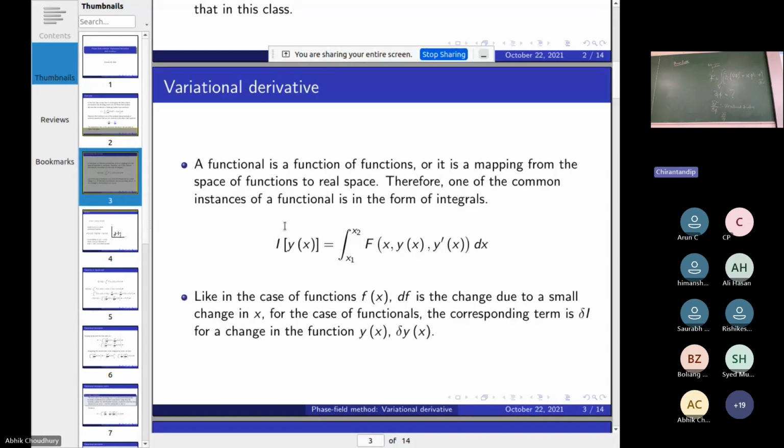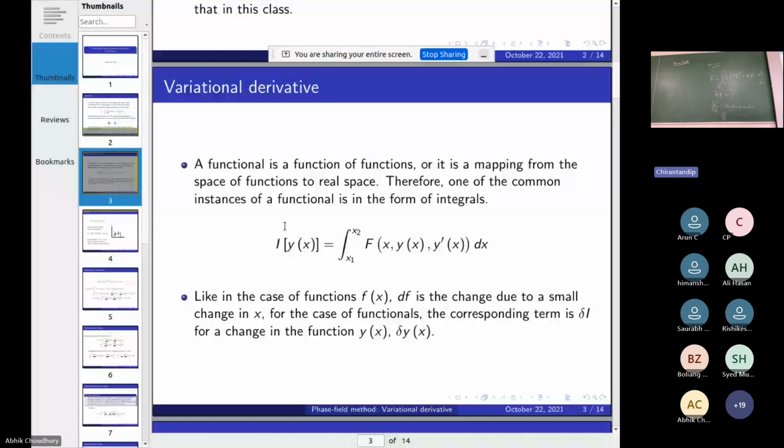And now, what I want to ask is, I want to change this function by a small value. How do we change the function? A small change function, delta y. Okay, but a localized change. What do you mean by a localized change? Let's say you have a function like this. But I want to change this function locally at this point.